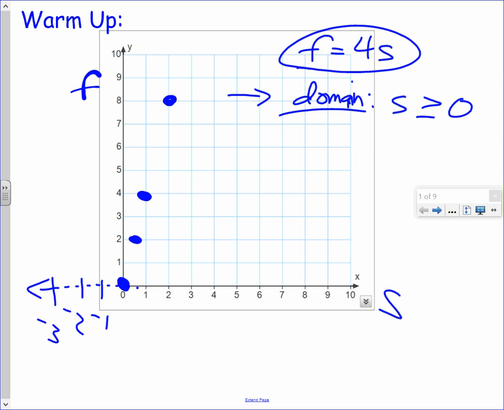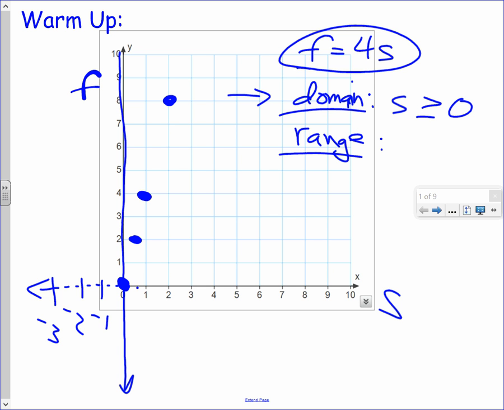How about the range? Now look at the y-axis. What does the y-axis represent? Feet, so we'll call this the f-axis. Are there any feet that don't make sense in this situation of the thug? Right, negative feet. There's no such thing as negative feet away from any point in space.